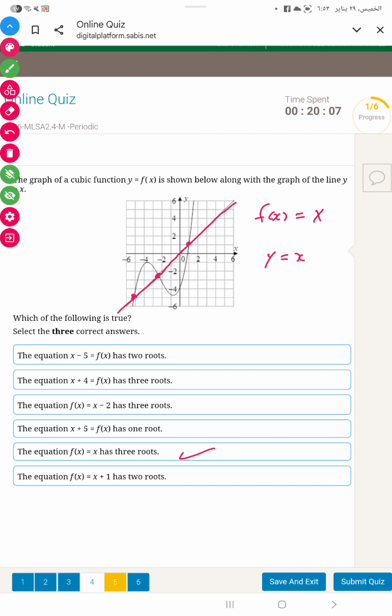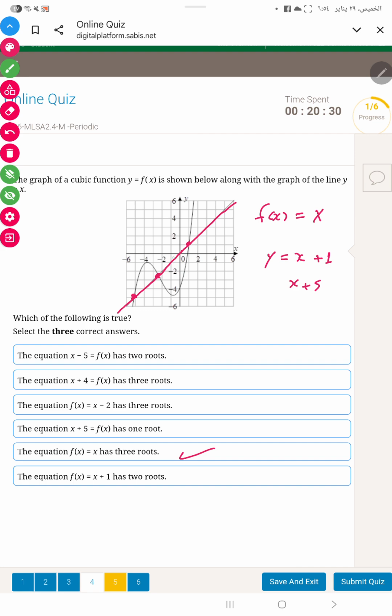Then when we add numbers or we subtract numbers here, for example, if I add 1 here, it will go 1 unit up. If I add 5, it will go 5 units up. You can count 5 units and then draw the new position of the line.